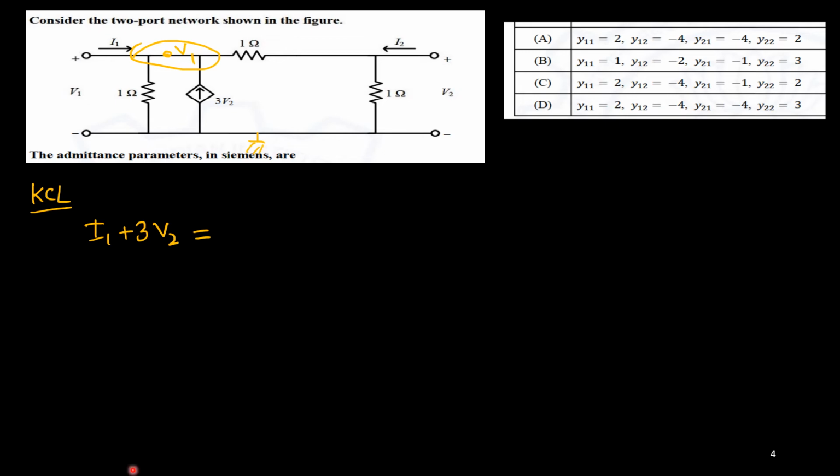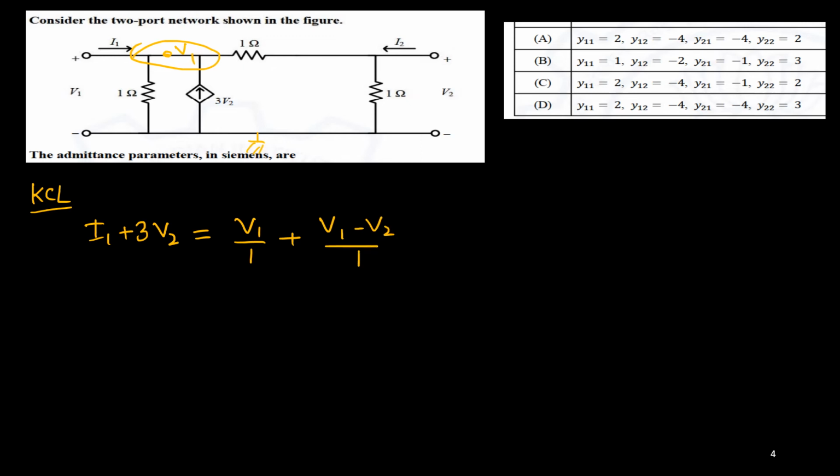The outgoing current through this 1 ohm resistance is V1 upon 1, plus the current through this branch from left to right. This node potential is V1, this node potential is V2, so V1 minus V2 upon 1, plus V1 minus V2 upon 1.